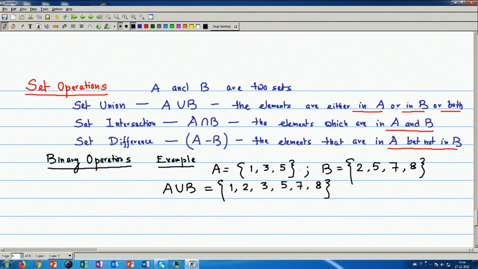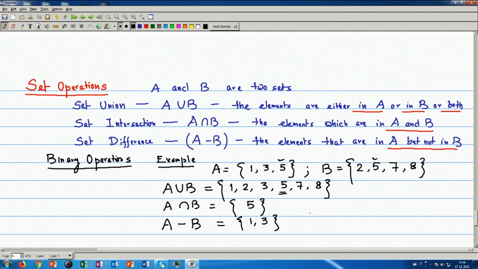Element 5 is in both A and B, and the other elements are in either A or B. What is A intersection B? A intersection B is only 5, because the only element which is in both A and B is 5. What is the difference A minus B, which are in A but not in B? There are only 2 elements, 1 and 3.